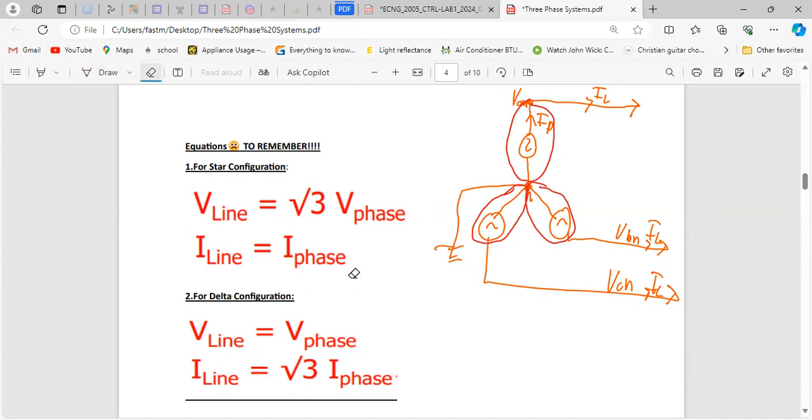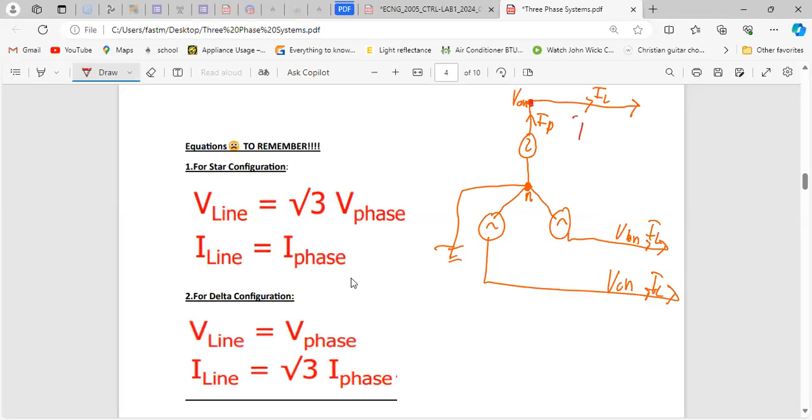Yeah, so let's remember. For the VAN, you're seeing that I phase and I line are the same. Yeah, just looking at the diagram, you can clearly see that I phase and I line are the same because there's no break at all. Each of these transformers is isolated from each other, they're different. So this is pushing out a current, and that current is what this line will see.